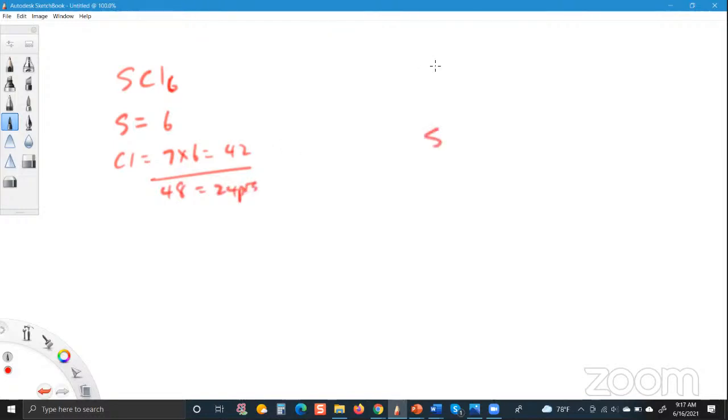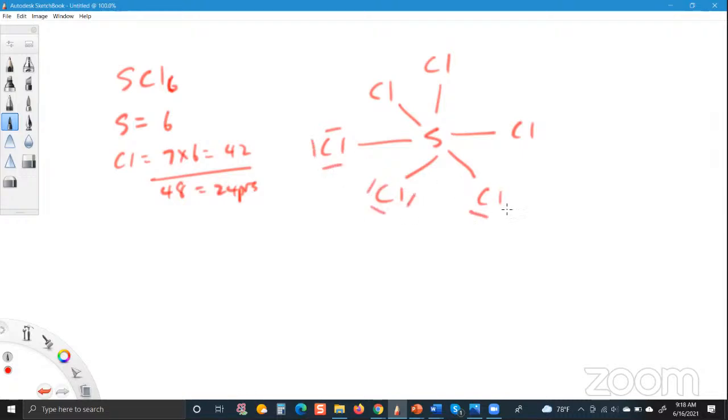So we put the sulfur in the middle, surrounded with the chlorines. And then we put the bonding pairs, 1, 2, 3, 4, 5, 6. Then we put the non-bonding pairs, 7, 8, 9, 10, 11, 12, 13, 14, 15, 16, 17, 18, 19, 20, 21, 22, 23, 24, all right?